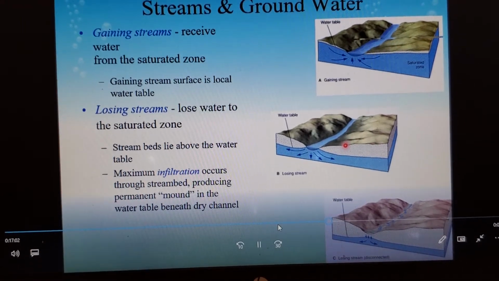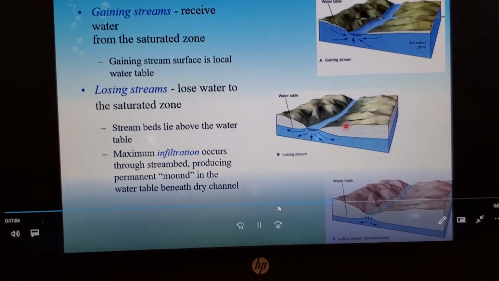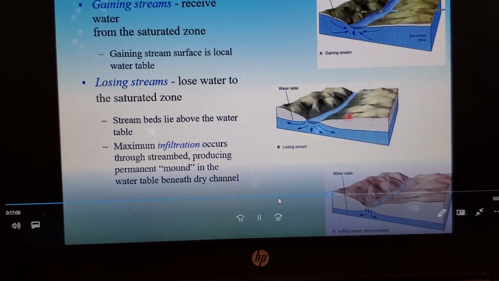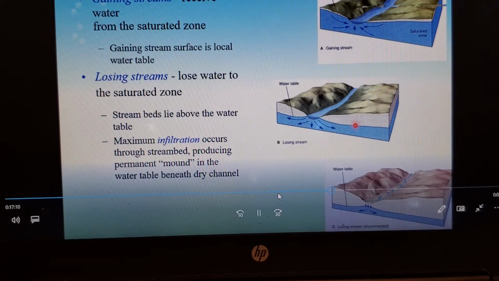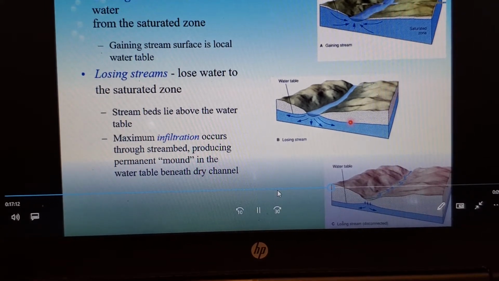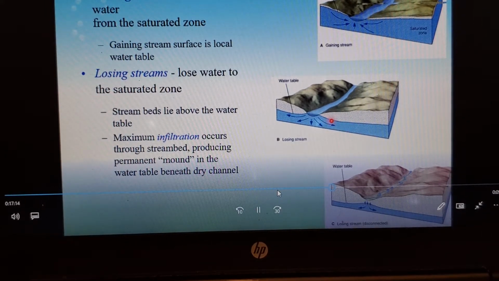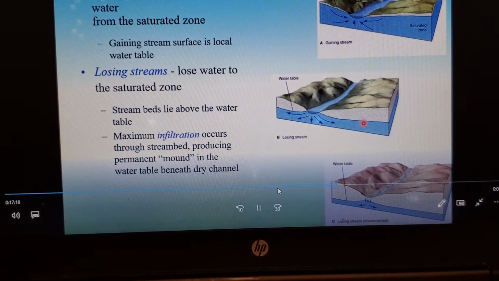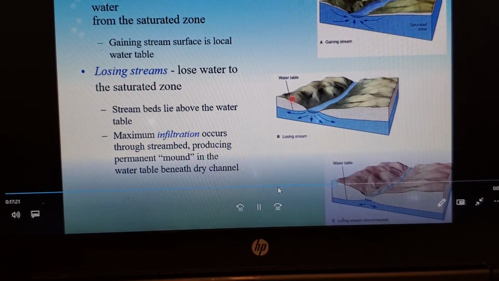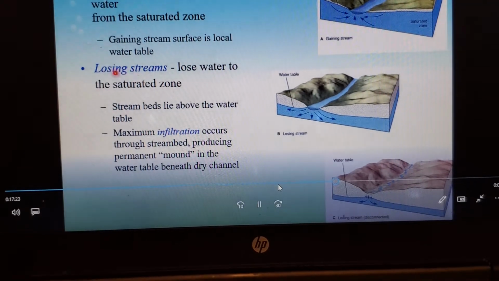Then coming back to diagram B, where you have a losing stream. In this case, the water table has dropped significantly to the point where the water is no longer flowing to the stream. It is the stream water flowing into the ground and feeding groundwater. This case we call a losing stream.